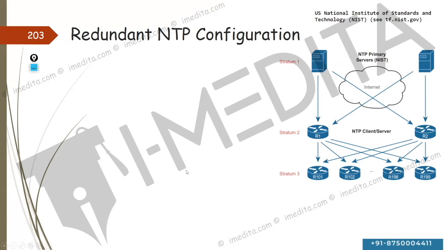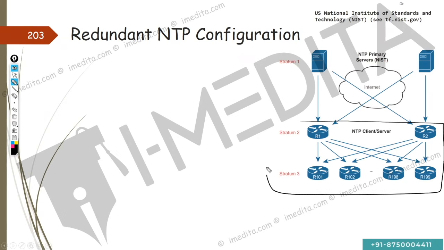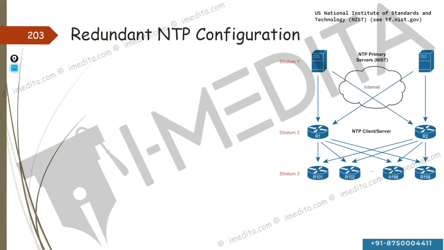Now the next part about NTP. Preferably from a design point of view, it is recommended that we should not configure every device to go and take time from some public NTP servers. If you want to synchronize time, there are devices and people who will give you time for free, I mean, NTP messages for free.